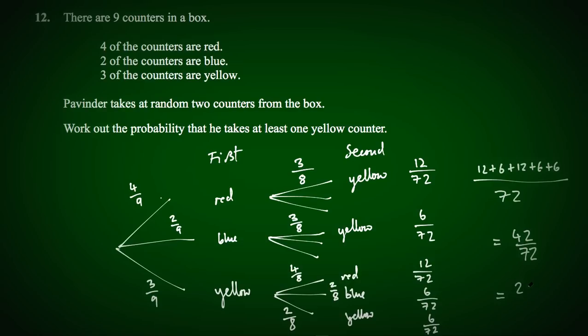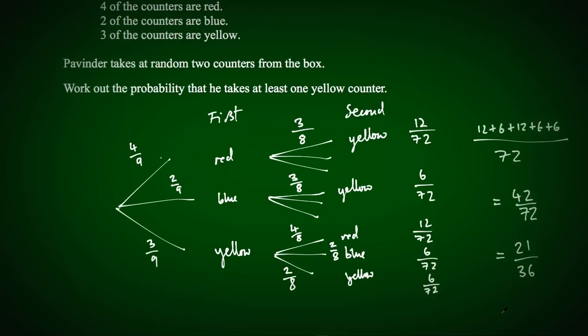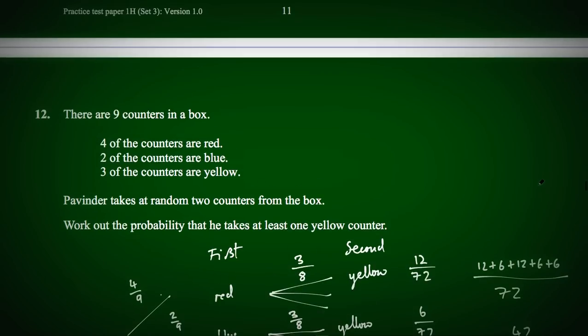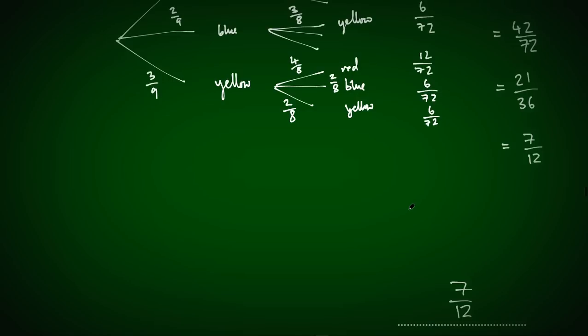So that is 21 over 36. Actually, that can be simplified again because both are multiples of 3, so that is the same as 7 over 12, 7/12. And that was a 4-mark question. So I did an appropriate amount of work for that question.